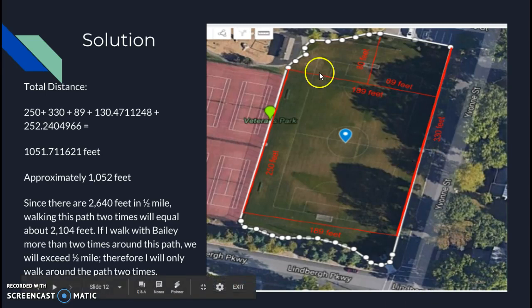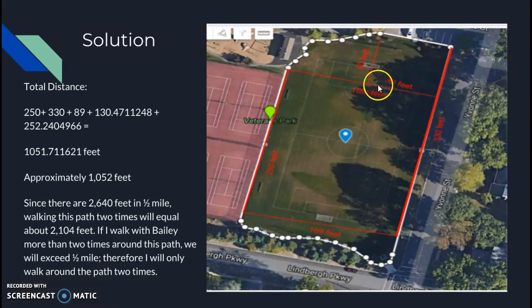So basically this is how I found my solution. I used this straight edge here of 250 feet, added that to the 330 feet on this side, plus the 89 feet here for the other straight edge, added my arc 1 of 130-ish feet, and then added my arc 2 of about 252 feet, and the exact number for that was 1,051.71161 feet, which I rounded to 1,052 feet.